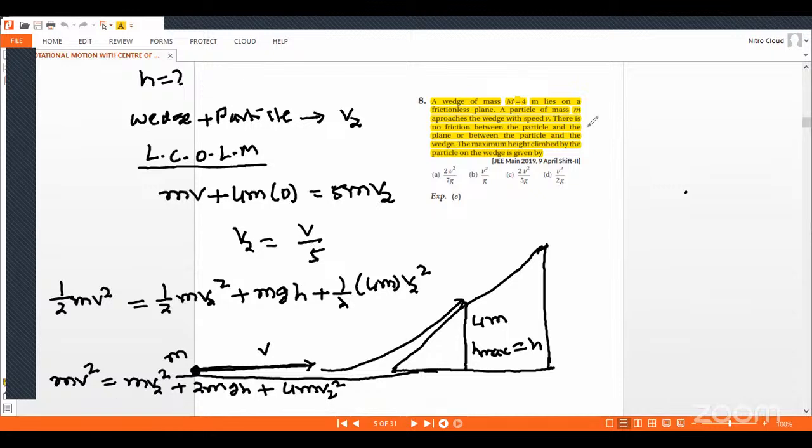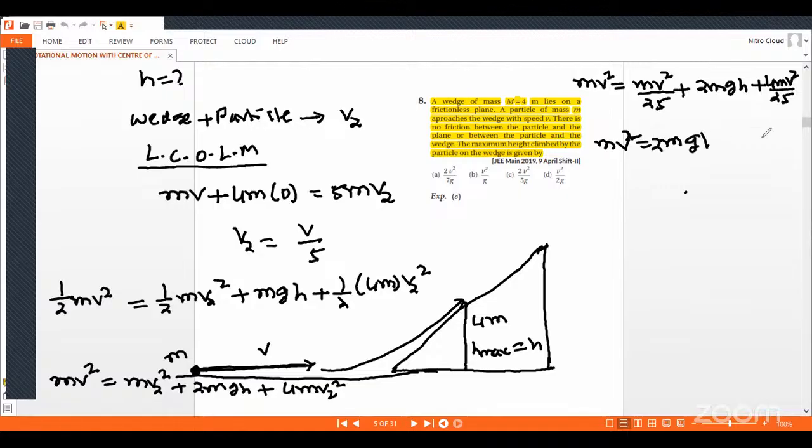I'll substitute: mv square equals mv square by 25 plus 2mgh plus 4mv square by 25. Upon solving, mv square equals 2mgh plus mv square by 5.